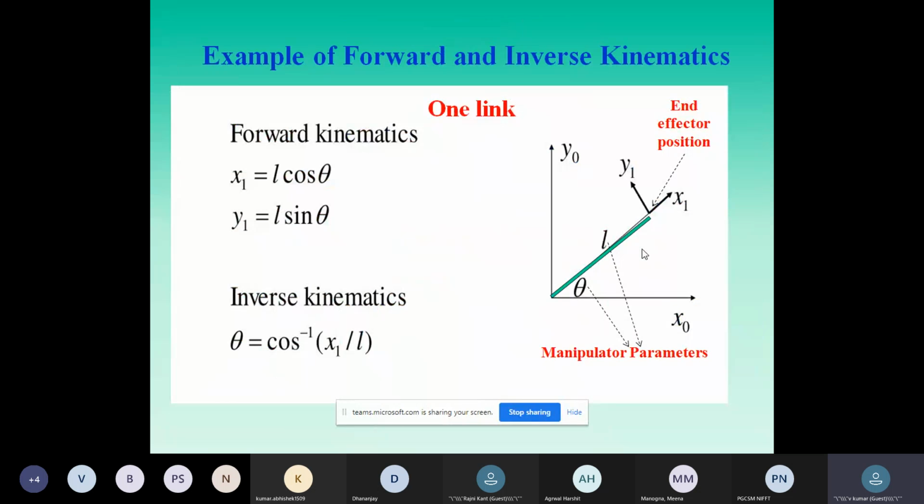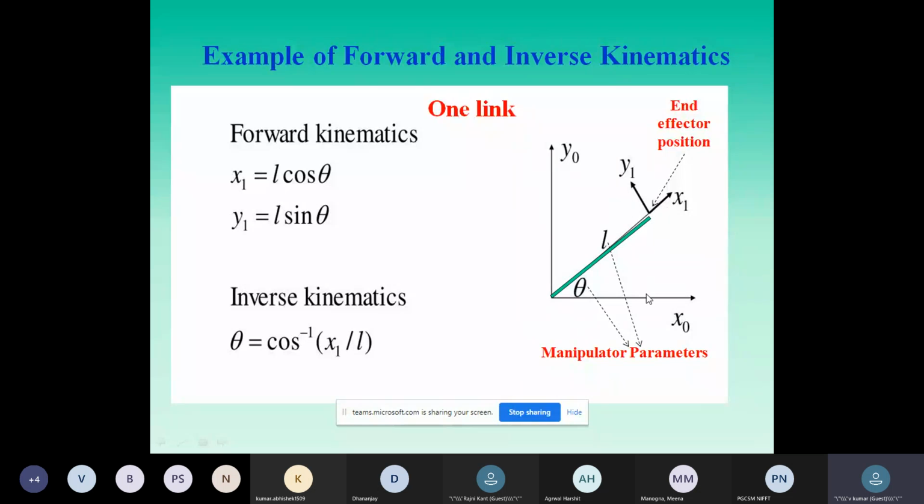Here is one simple example for forward and inverse kinematics. This is a one-link manipulator. The green line is the one-link manipulator. It is rotated about the x-axis by angle theta. We want to know the position of the end point, x1, y1.